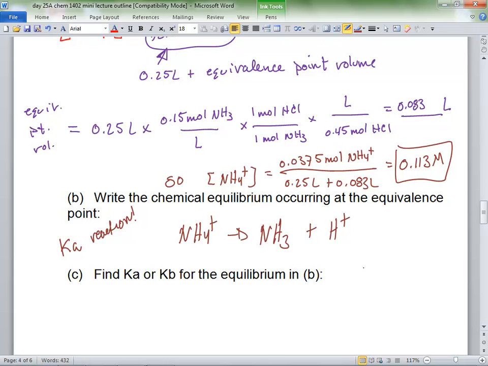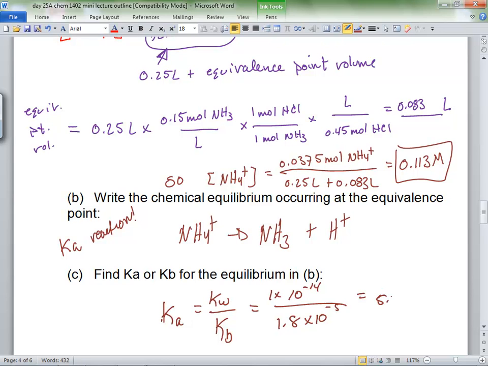Usually we can look up Kas, but for this one, you have to calculate it, don't you? Yeah, Ka is Kw over Kb, so you have to look up Kb for ammonia. 1 point what? Negative 5. All right, so you can get it. And you got 5.5. Okay, is that it?